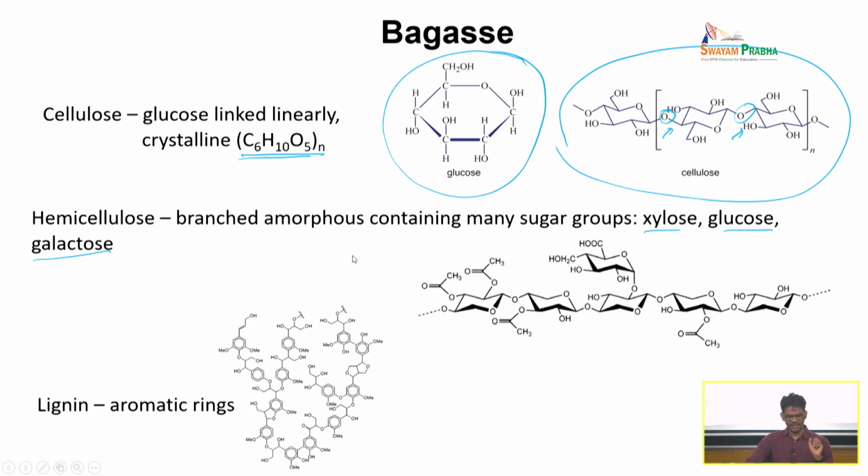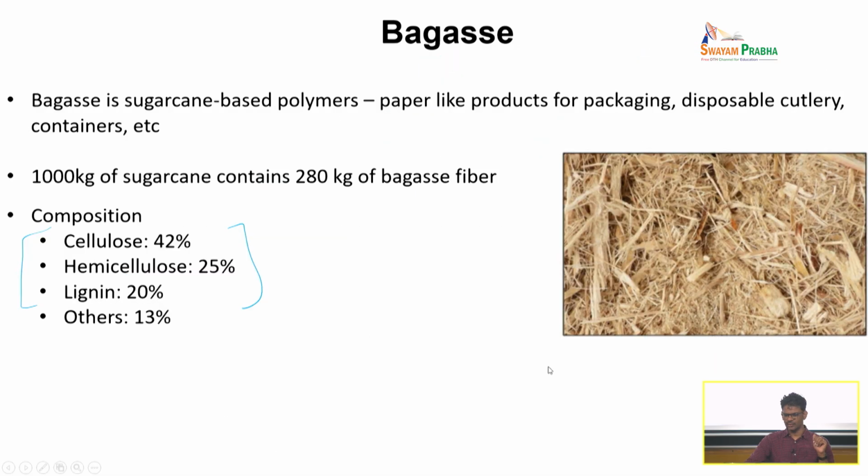Okay, and the lignin is more like a binder. You can see lignin has the most complex structure. It is basically aromatic, it's hydrophobic, and it has a lot of OH groups connected to these amorphous aromatic rings. So if you look at these fibers, they basically consist of three major components.